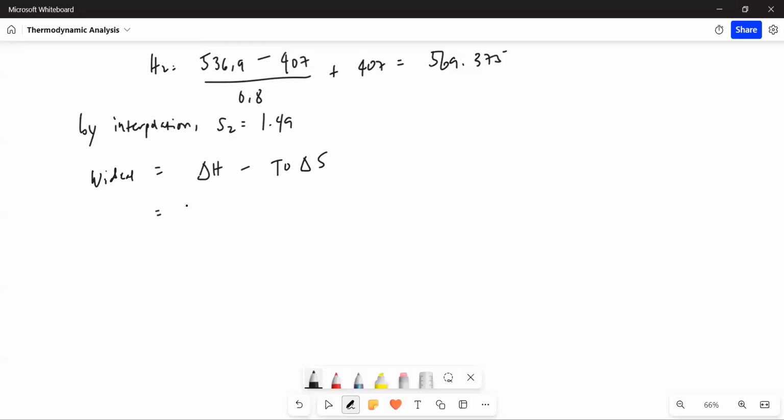That would be from the last point, H3 minus H1. So delta H is H3 minus H1, minus T naught times (S3 minus S1).